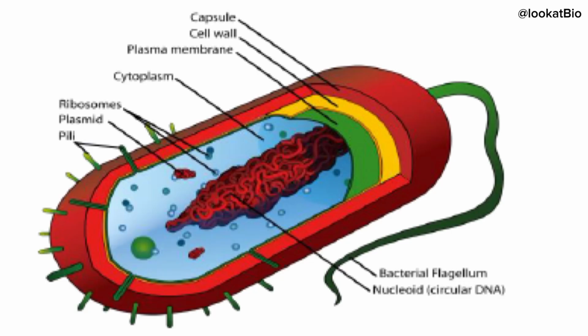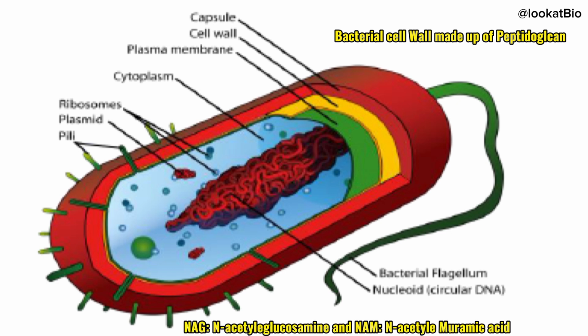Talking about the cell wall of the bacterial cell, it is made up of peptidoglycan, which is the alternating polymer of the chemicals NAG and NAM. NAG represents N-acetyl glucosamine and NAM represents N-acetyl muramic acid.